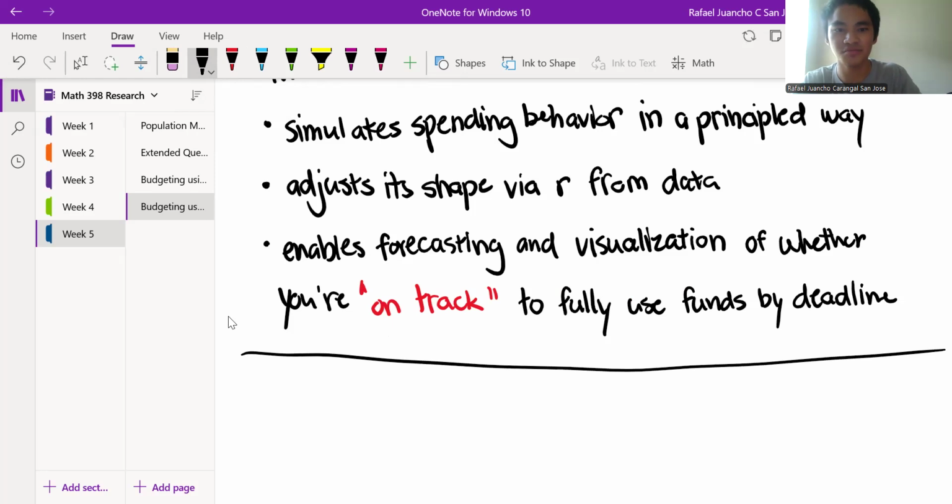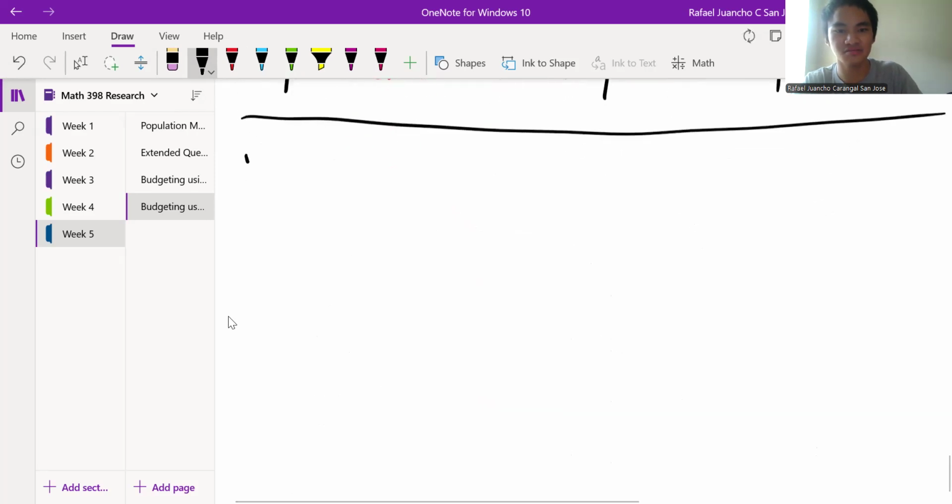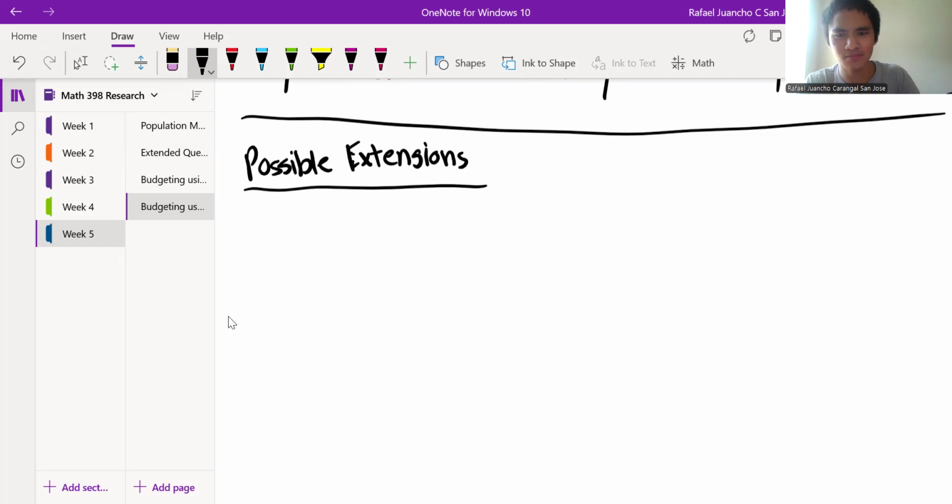And some possible extensions of this, because not everything in math ends. Once something's beginning, it never ends. So possible extensions would be a non-linear decline of carrying capacity. Maybe an exponential decline.